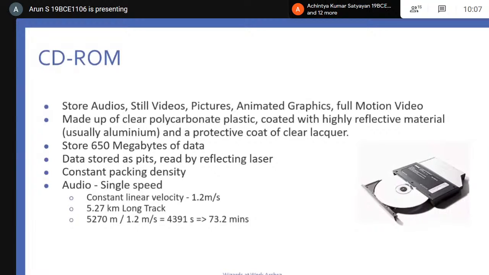With a constant linear velocity of 1.2 meters per second and the track being 5.27 kilometers long, the track length of 5,270 meters divided by the constant linear velocity of 1.2 meters per second gives 4,391 seconds, which is 73.2 minutes of storage time of an audio file.